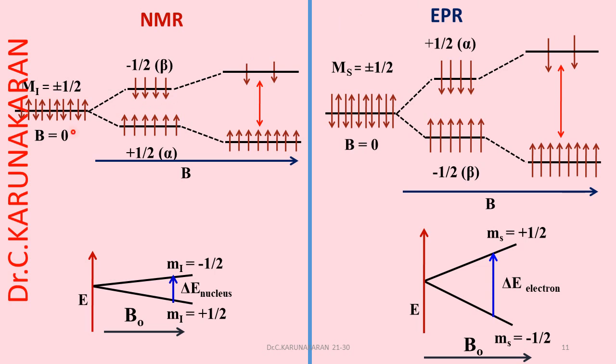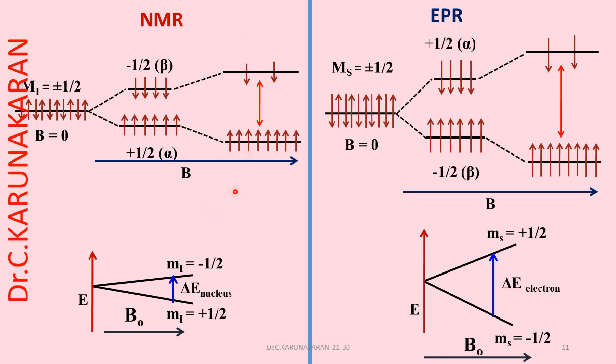In NMR, the nuclear spin states are degenerate in the absence of magnetic field, whereas in the presence of magnetic field, these two levels are split. With the increase in field strength, the energy of splitting increases, as you see here. So at lower field strength, lower radio frequency energy is needed, whereas at higher field strength, RF radiation of higher frequency, of higher energy is required.